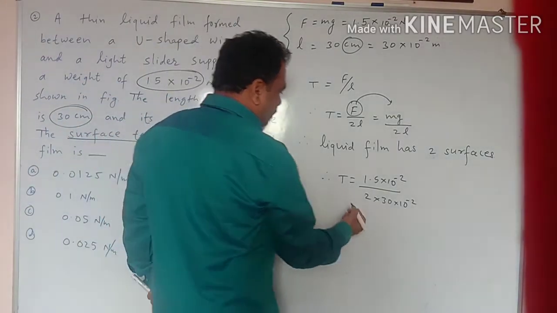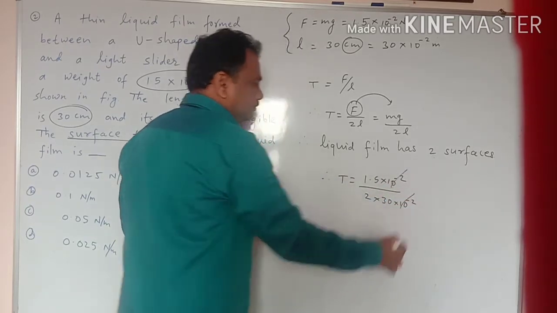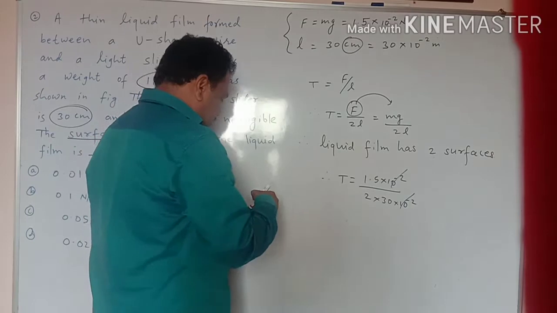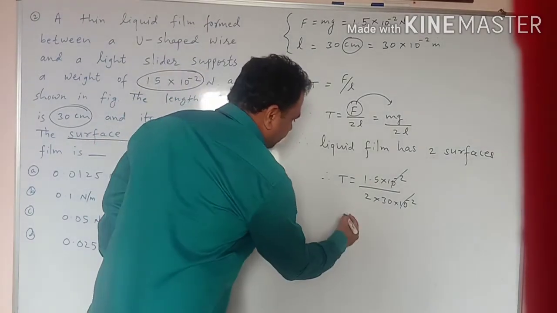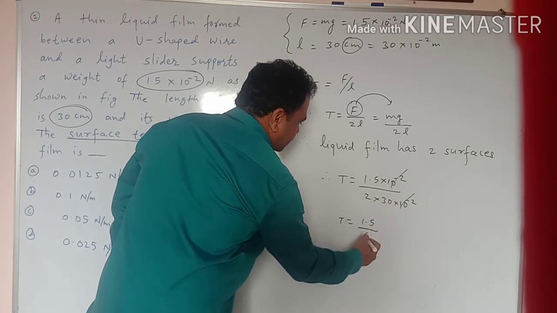So what about its calculation? The -2 terms cancel. Now the remaining term is T is equal to 1.5 upon 30 to the 60.